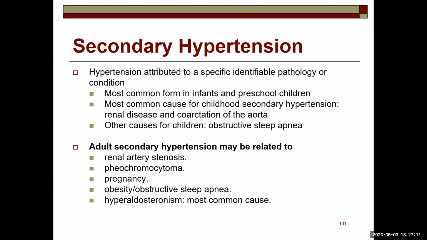Yes, you do have a tumor of the adrenal gland in general. Oh, adrenal gland, that's fine. Very close. Pregnancy can lead to that. Obesity can lead to that. Sleep apnea can give you this, by the way. And then even hyperaldosteronism, the most common cause.